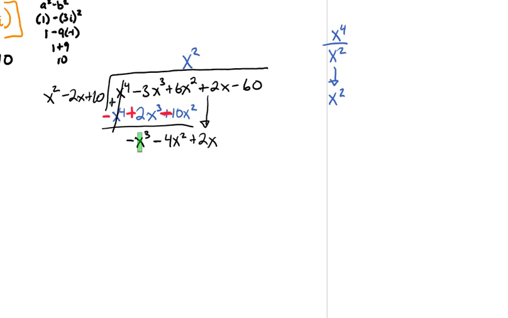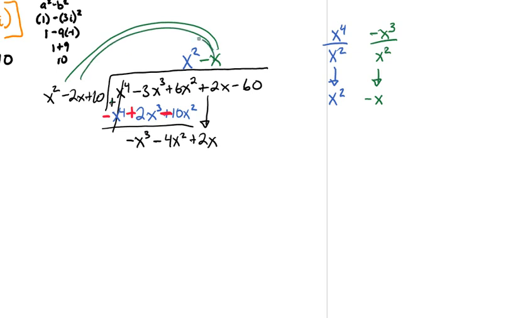Now we're going to divide negative x to the third by x squared. Negative x to the third divided by x squared is going to give us a negative x. So minus x. Now the same thing, we're going to multiply to all three pieces here. Negative x times x squared is a negative x to the third.